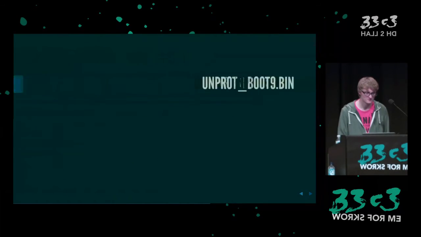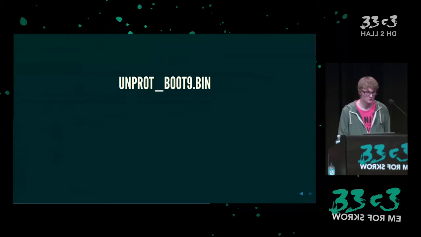So let's do this. First of all, of course, there are no keys in the unprotected boot ROM. They put all the keys in the protected part. It's mainly a lot of driver code.